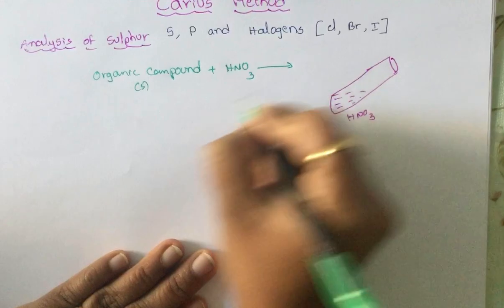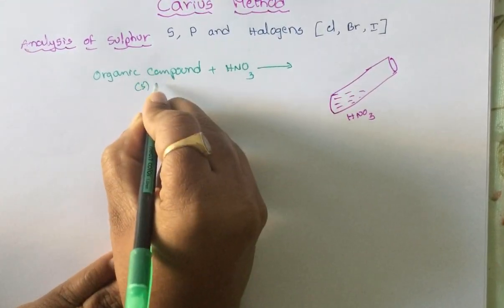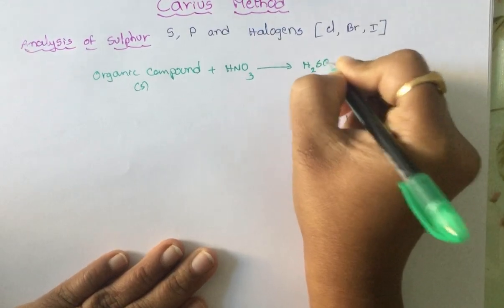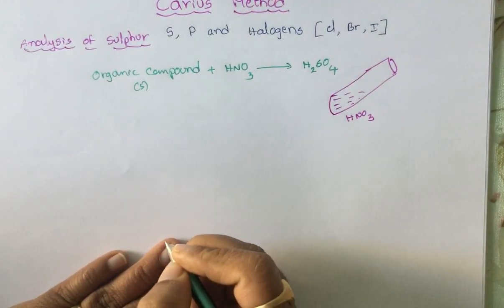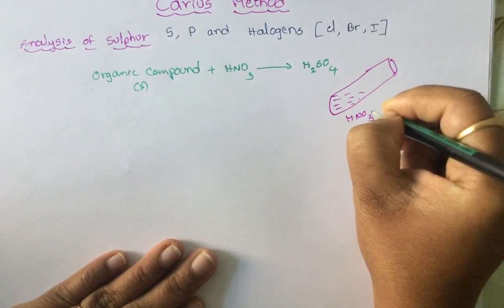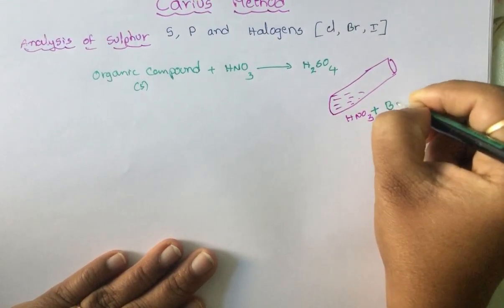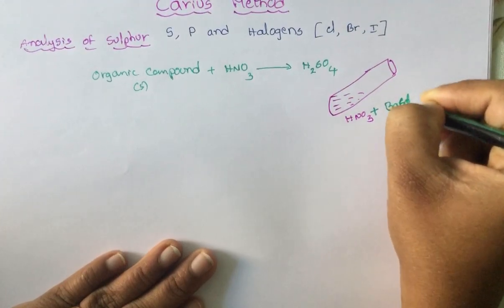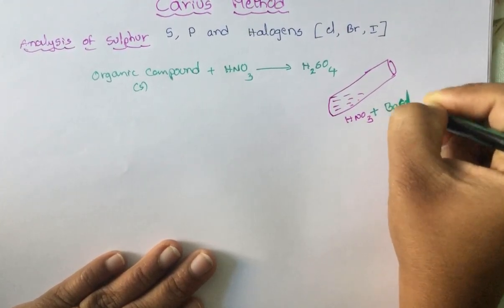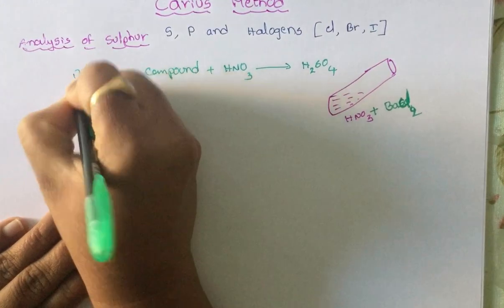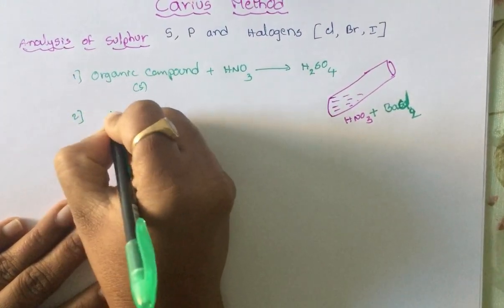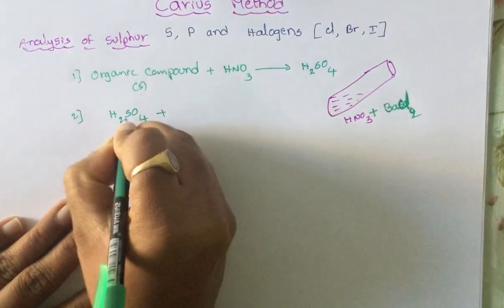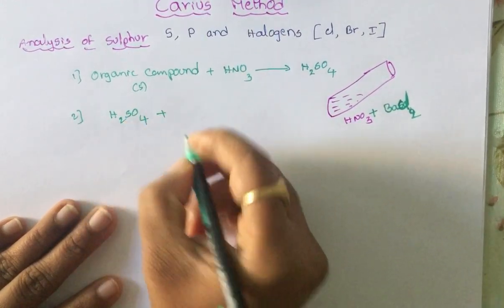When it is treated with this, the sulfur that is present in the compound is converted into sulfuric acid. This is the first reaction. Sulfur is converted into sulfuric acid. In addition to the nitric acid, to the same test tube, barium chloride is added. So when barium chloride is added, after forming sulfate H2SO4, sulfur is now in the form of sulfate ion.